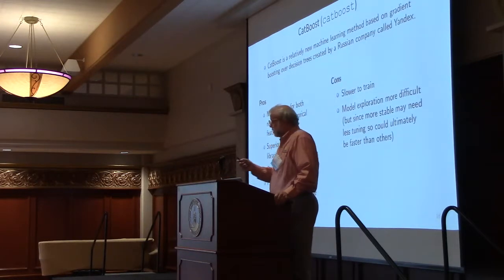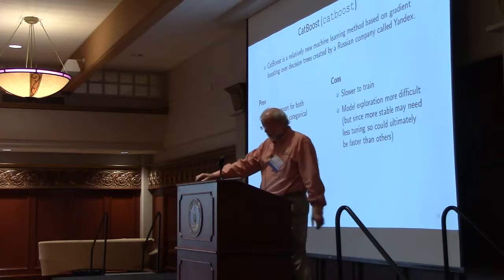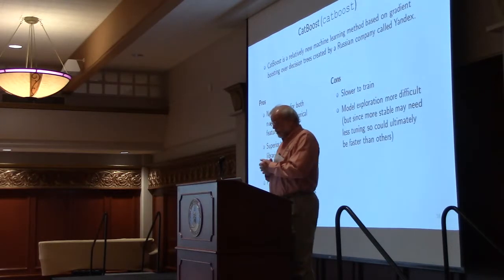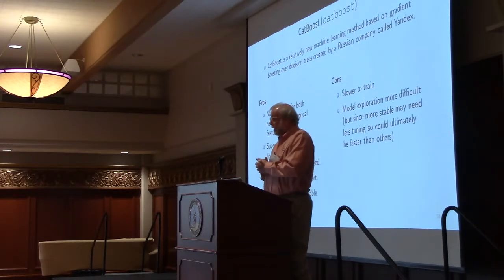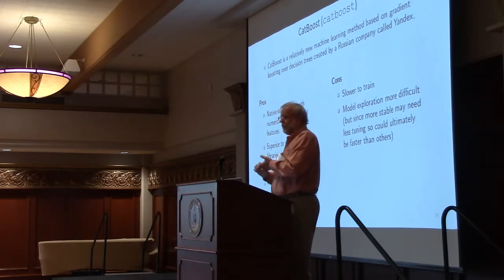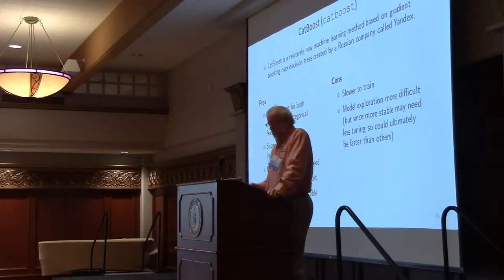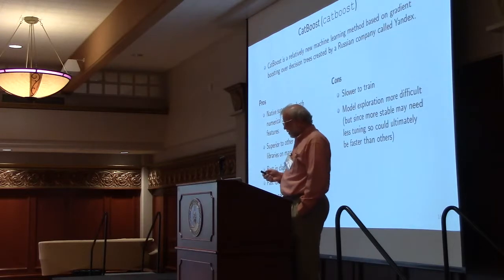The particular one that Joe discovered was that the model is slower to train, and model exploration is a little bit more difficult. So in the time that it took me to run the logits, the trees, and the forests, I was done with all of that before Joe was done with about half of the CatBoost models. So they were a bit time consuming to run.